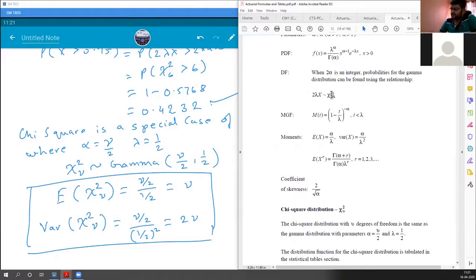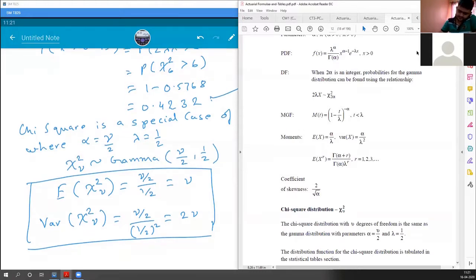And here you can see the relationship of gamma distribution is also given. It clearly says when 2 alpha is an integer, probabilities of the gamma distribution can be found using this relationship. So this becomes our chi-square distribution.